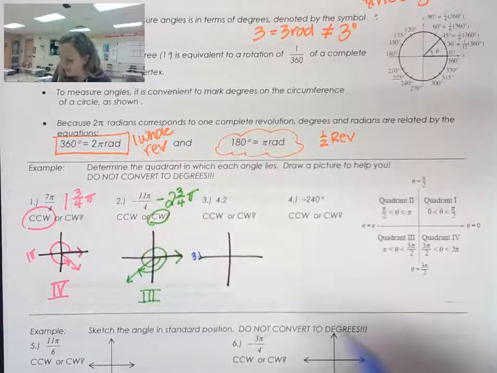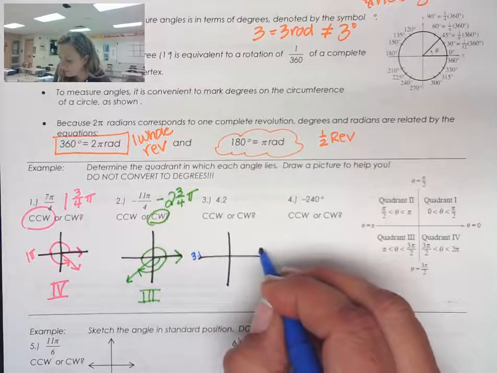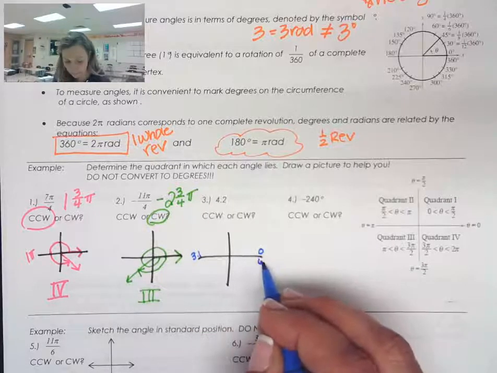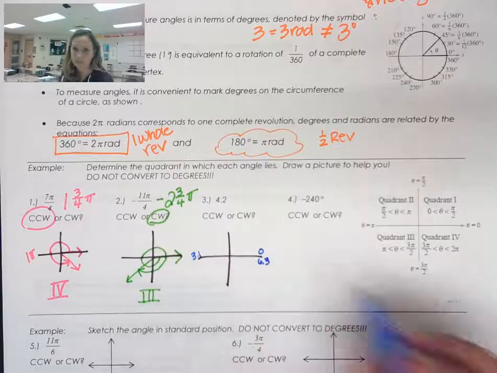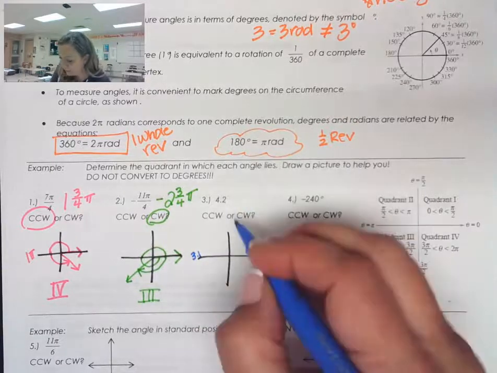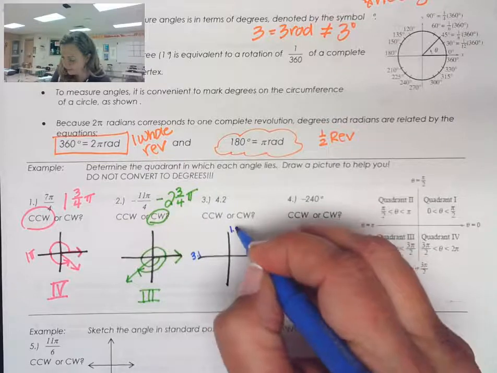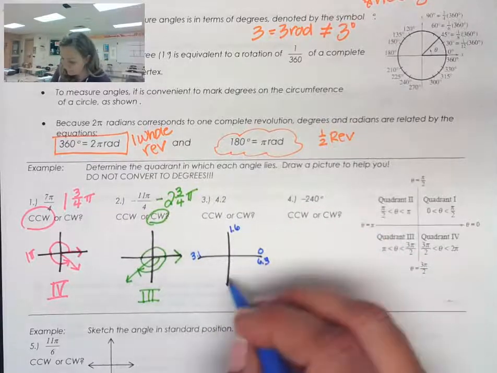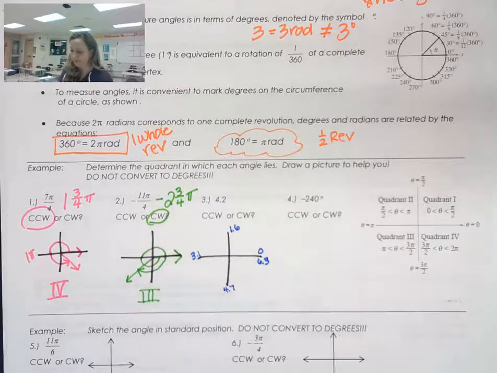So we start at 0, and that would be 3.1. So this would be about 6.28, so 6.3. So then halfway between here would be about 1.6-ish, and then that means that this would be about 4.7.